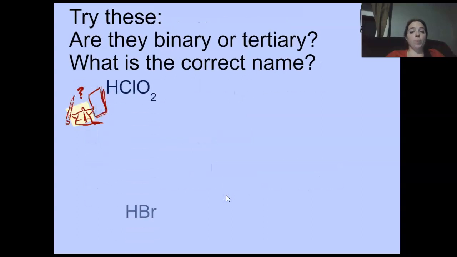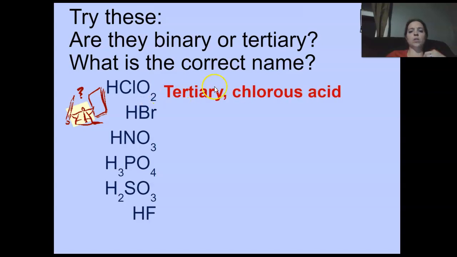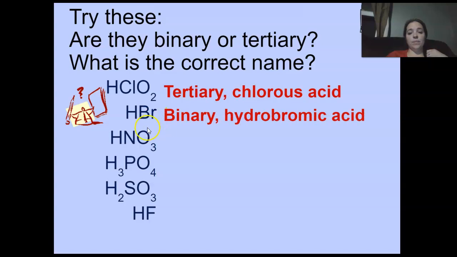Okay, so are they binary, tertiary? What's the correct name? So let's see how many elements there are and then name it. So 1, 2, 3. I believe this is perchloric acid or chlorous acid. It's tertiary. 1, 2, 3. There's 2, so it's hydrobromic acid. This is 3.